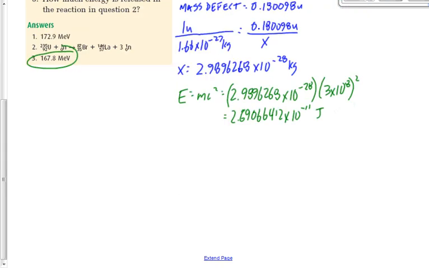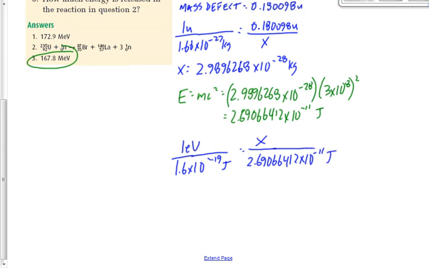Let's first say 1 electron volt is 1.6 times 10 to the minus 19 joules equals X electron volts over 2.69066412 times 10 to the minus 11 joules. Let's get the electron volts. And then, once we get the electron volts, let's divide it by 10 to the 6, or multiply by 10 to the minus 6 in order to get the mega electron volts.